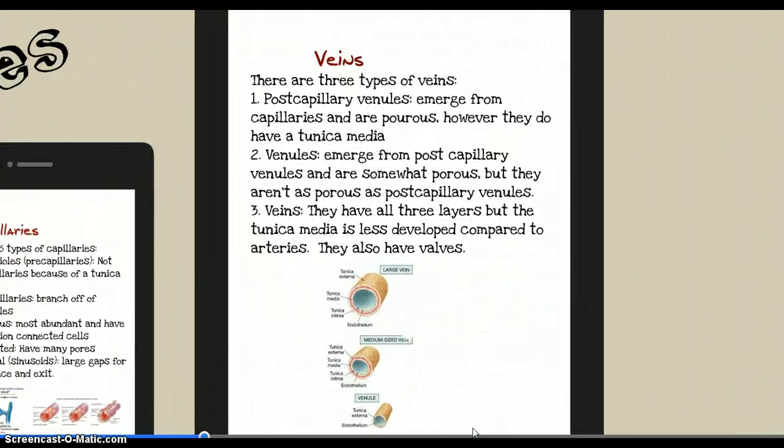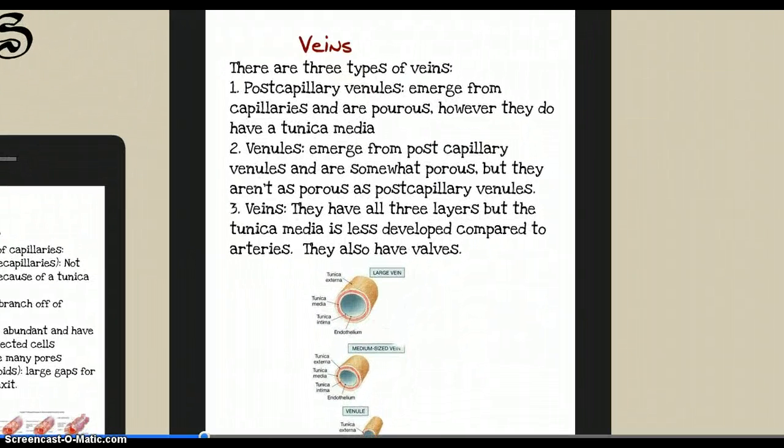So now let's talk about veins and capillaries. There are three types of vessels on the venous side. Now I'm going to talk about them from smallest to largest instead of largest to smallest. The first one is a postcapillary venule, and they emerge from capillaries. So capillaries merge together, and once gas exchange has occurred in those capillaries, when they merge together, those are postcapillary venules, and they're still porous, but they do have a tunica media, so that blood won't flow out.